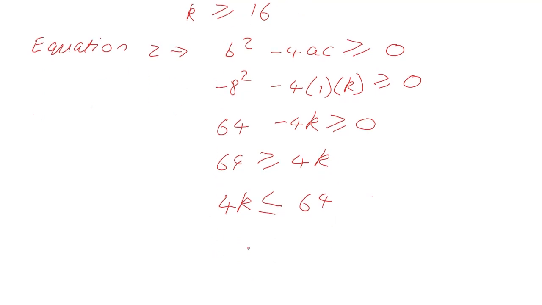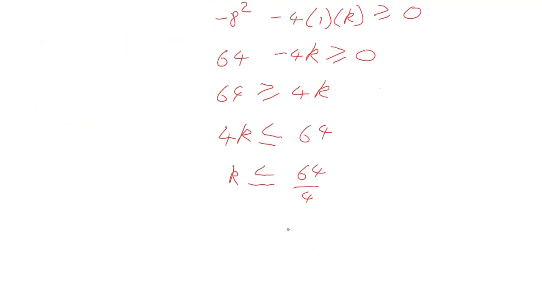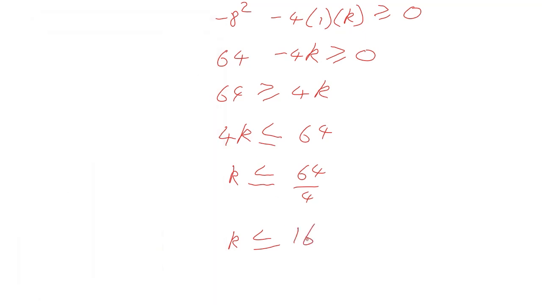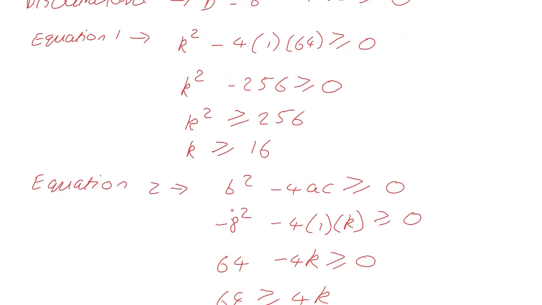And that means k is less than or equal to 64 upon 4, and 64 upon 4 gives us 16. So I have less than or equal to 16 over here.